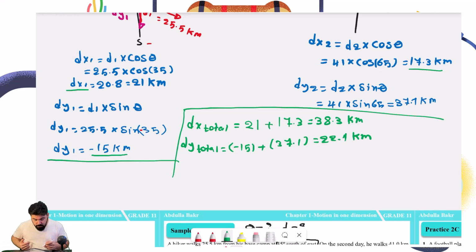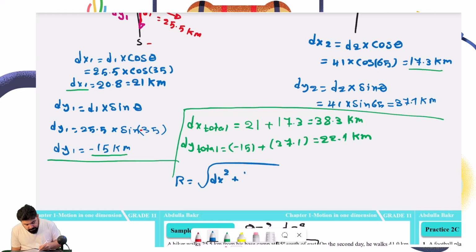Okay, now what do I need to do now? I need to find the resultant vector. So the resultant vector, guys, is equal to the square root of dx squared plus dy squared, of course total.